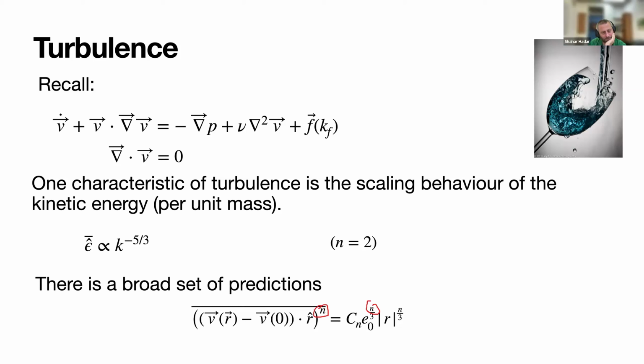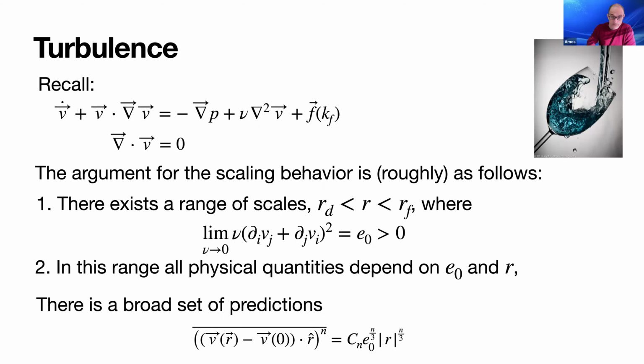Amos, one thing is still unclear to me regarding the first assumption about the limit. The quantity at the left-hand side, is it a function of R or do you integrate over R in that range?